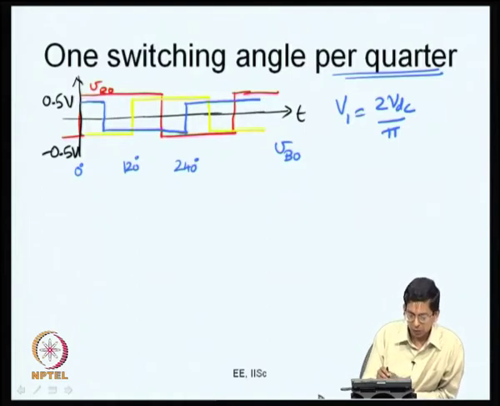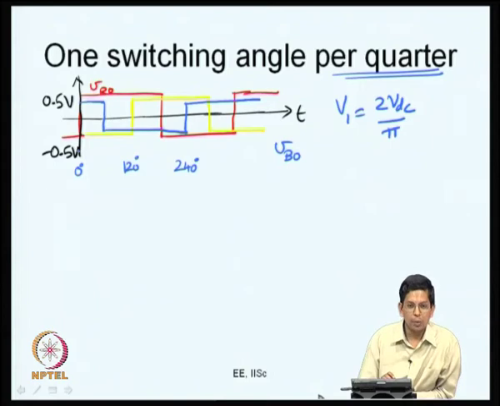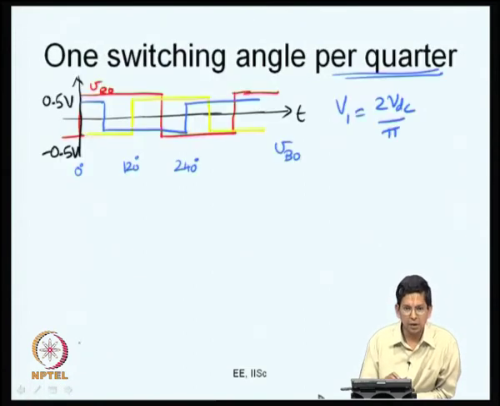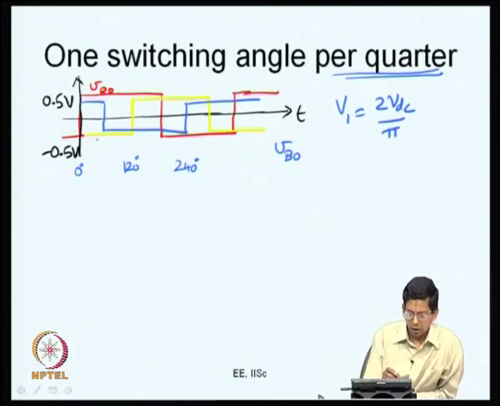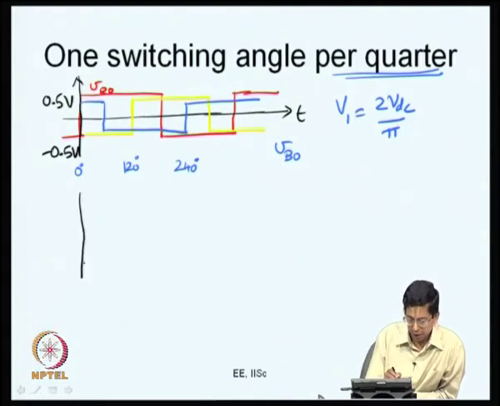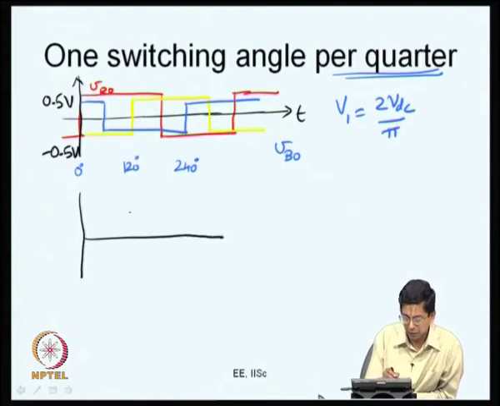Now, this entire waveform I am going to represent in a simpler fashion. This is one switching angle per quarter. First, let us look at the square wave, this VRO. Let me change back to the black color and indicate the voltage and the time axis.